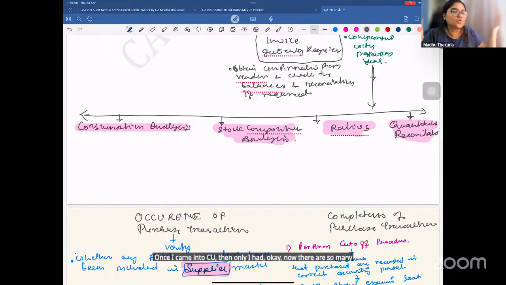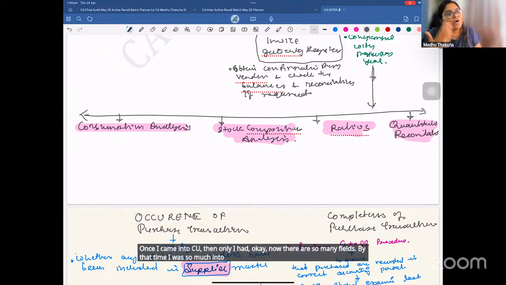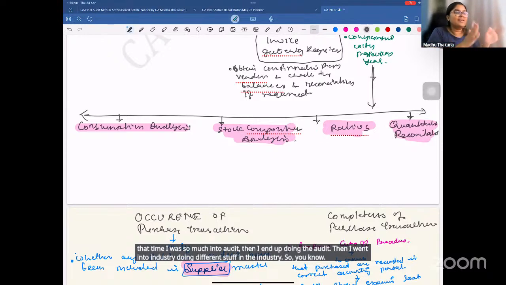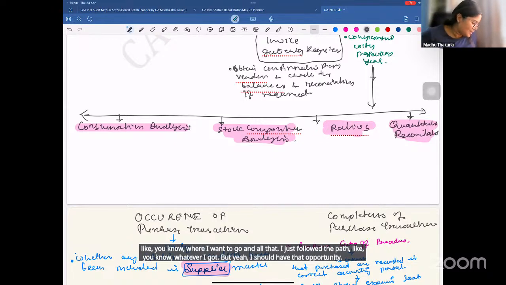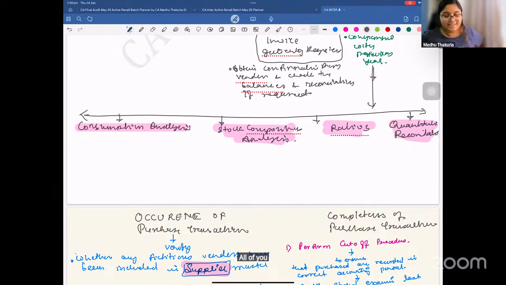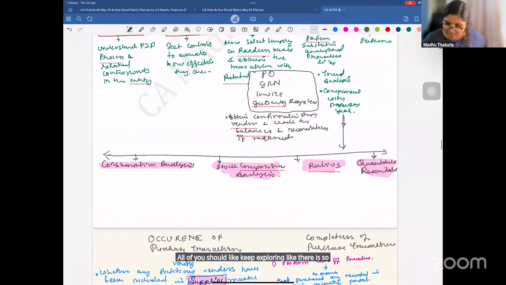By that time, I was so much into audit, so I ended up doing audit. Then I went into industry, doing different stuff. That option should have been available much earlier so that I could have made that choice. I just followed the path, whatever I got. But all of you should keep exploring. There is so much you can do once you become a CA.